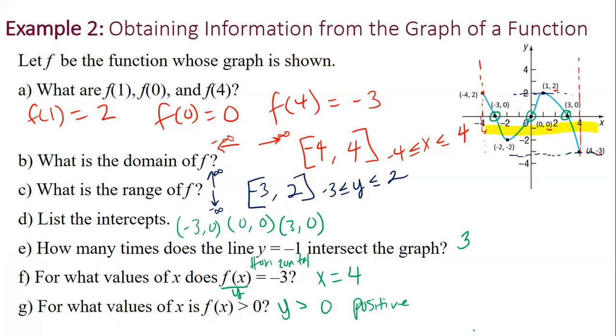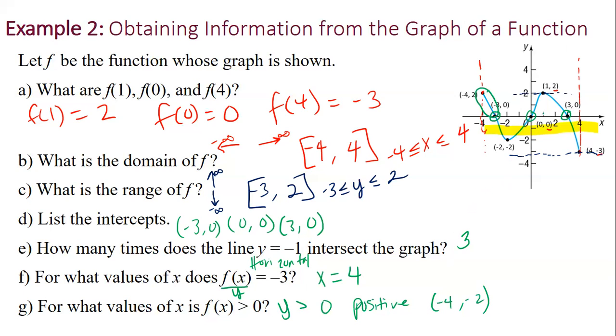Well, it's in intervals, right? I'm greater than 0 from -4 to -2. See that? I'm above the x-axis. So here is a piece when I'm greater than 0. So I would write it as from -4 to -2 is one of my answers.